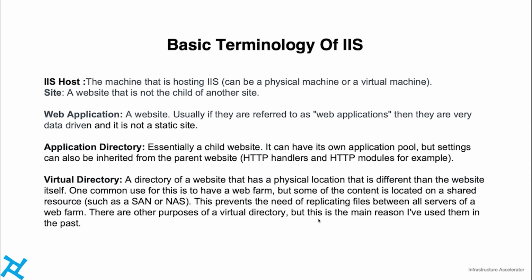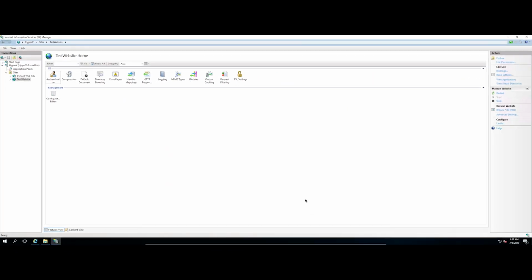Web application is the website. Usually they are referred to as web applications when they are very data driven and not a static site. So any website which is running on IIS is a web application. So that's what I showed to you. These are our web applications, and you can do add site here.